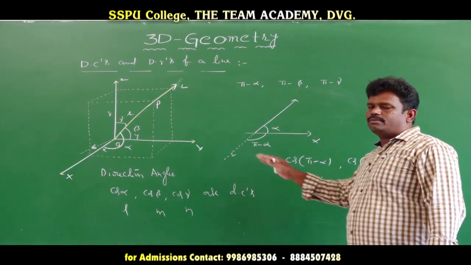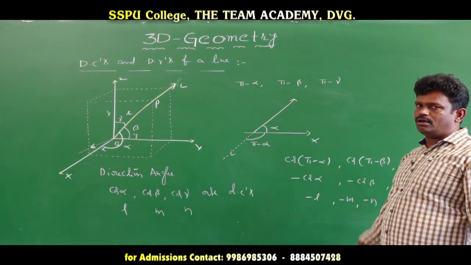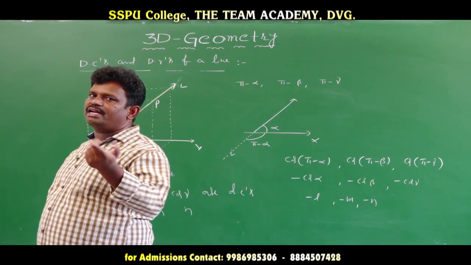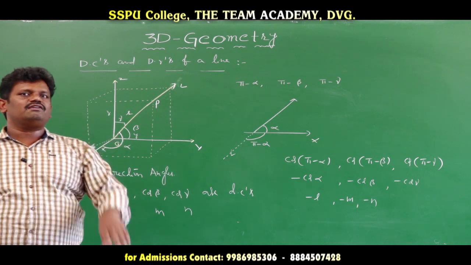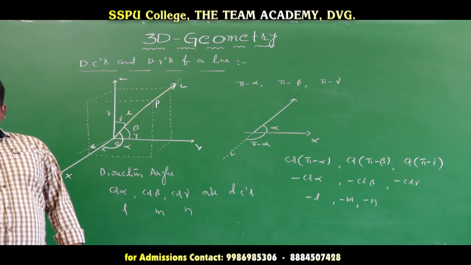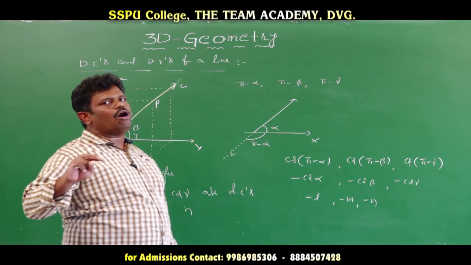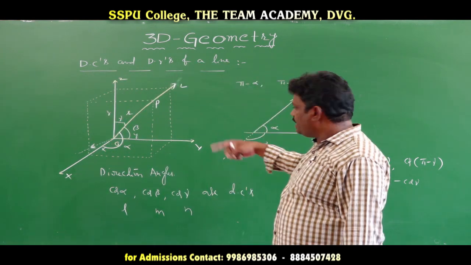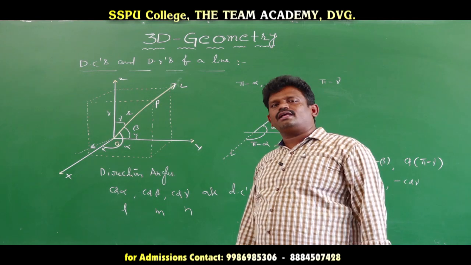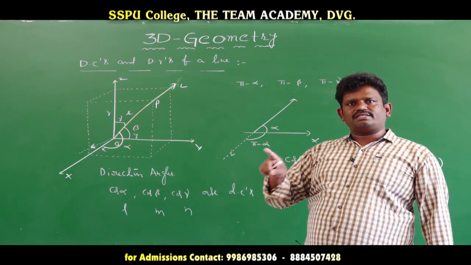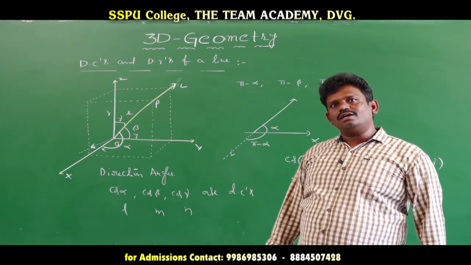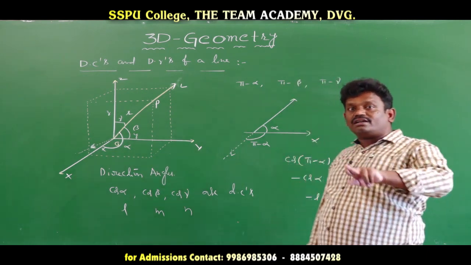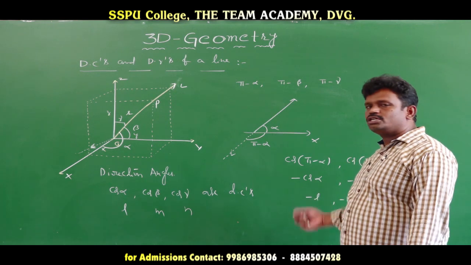So from this conclusion, what we learn is that in space, any directed line can be extended in two opposite directions. So that's why the directed line has two sets of direction cosines.